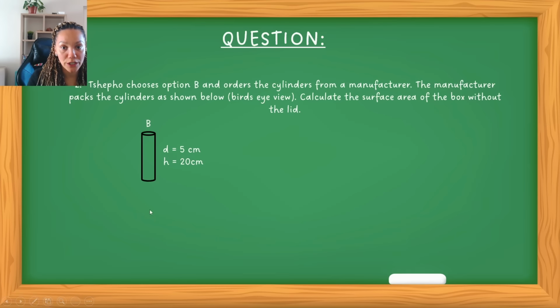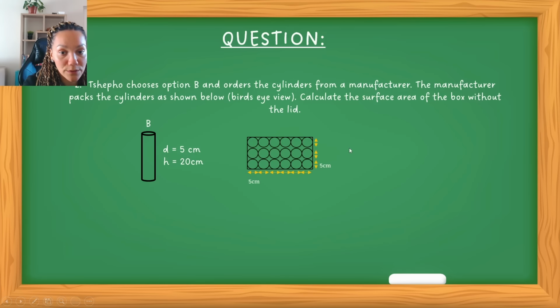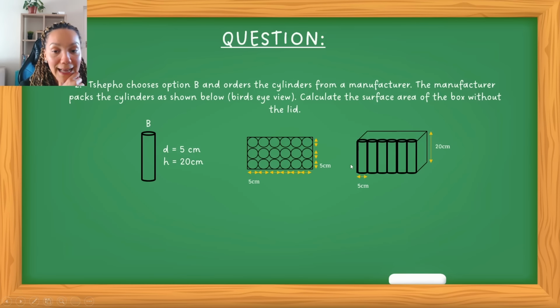The next question says, Chepo chooses option B and orders the cylinders from a manufacturer. So this is what he orders. The manufacturer packs the cylinders as shown below, bird's eye view. Calculate the surface area of the box without the lid. Let's have a look at how they pack it.